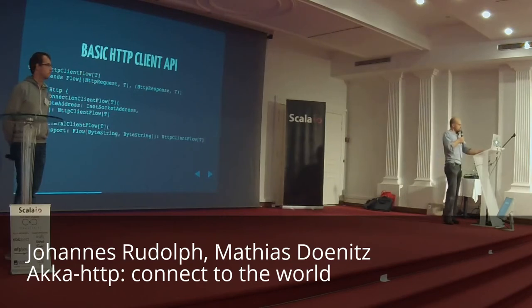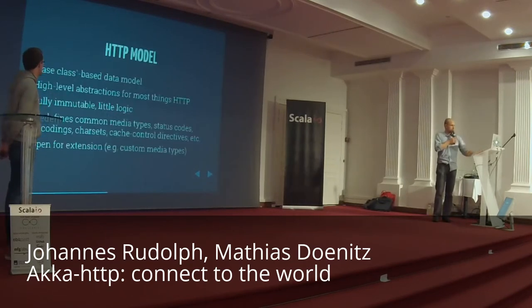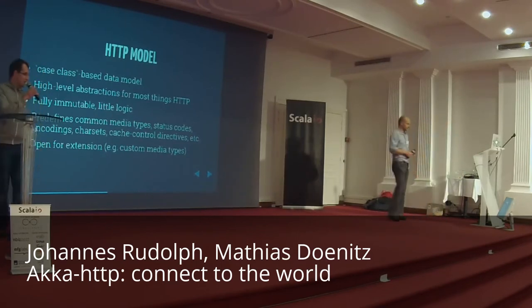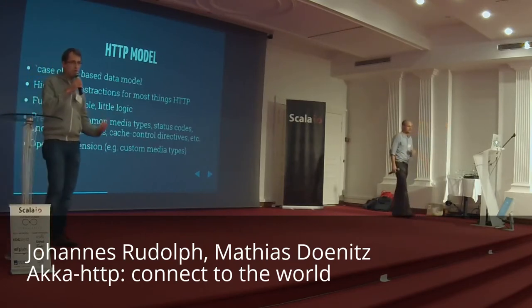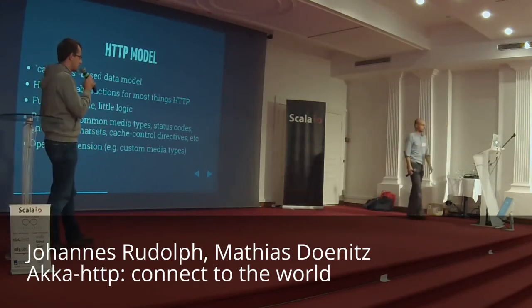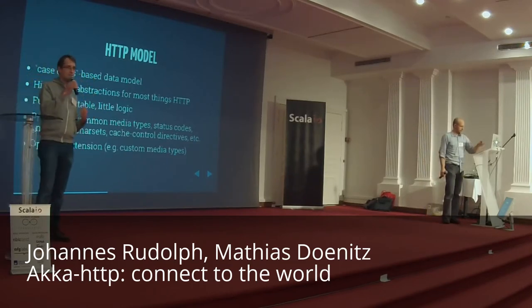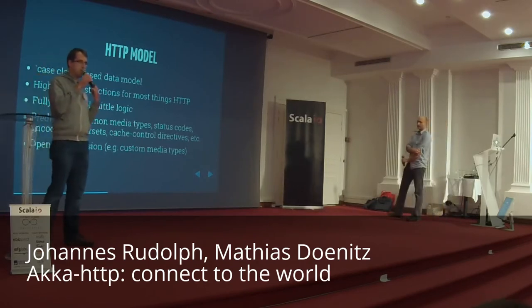So that's interesting. I think the next part is going to be Johannes's. Yeah, right. So when we started writing an HTTP library, we were pretty sure the first thing we need is a proper basis, and that is a real model of all the things HTTP really is.